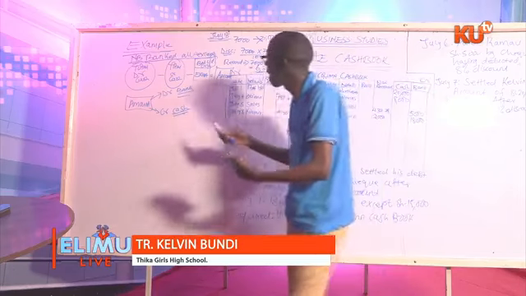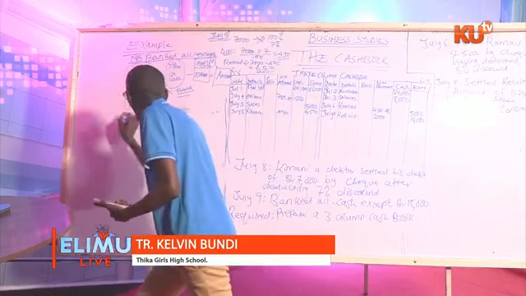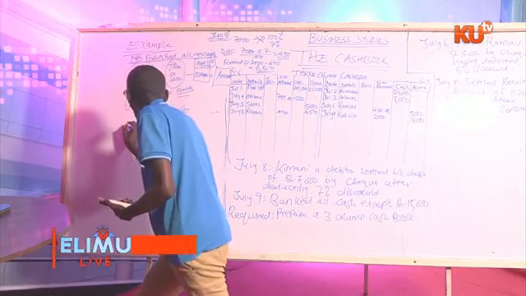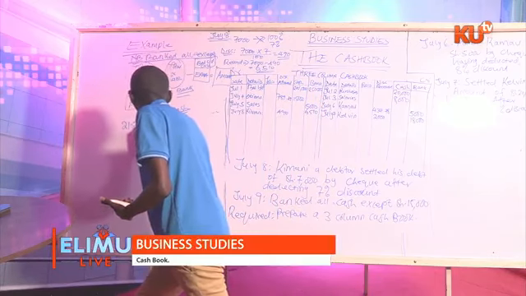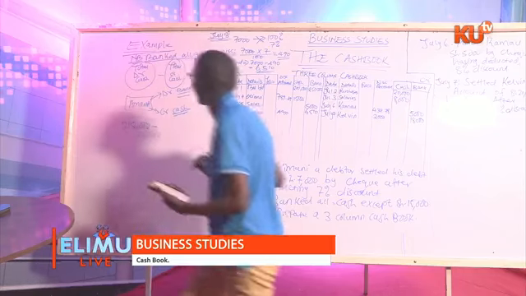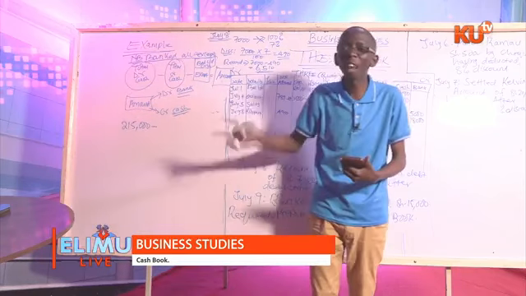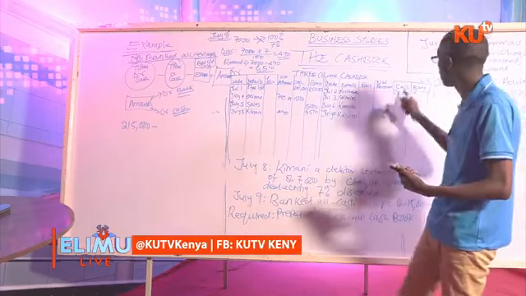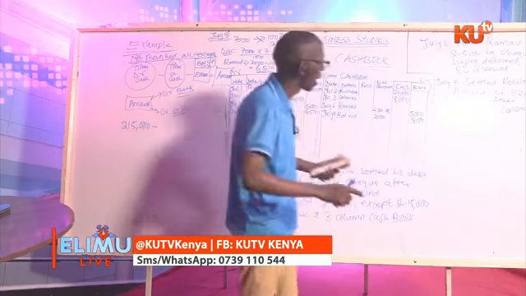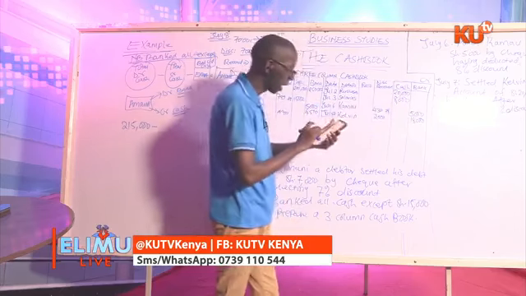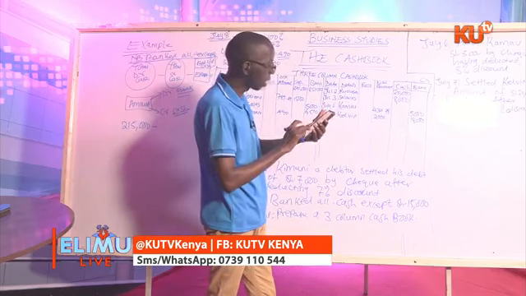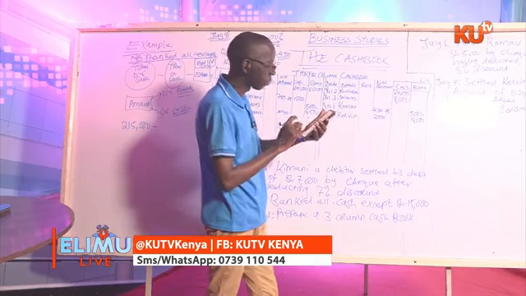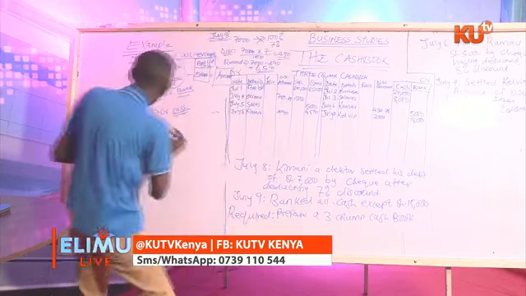You'll get 215,000. So the total of cash on the debit side is 215,000 minus the total of cash on the credit side. Here it is 20,000 plus 8,000. That is 28,000.